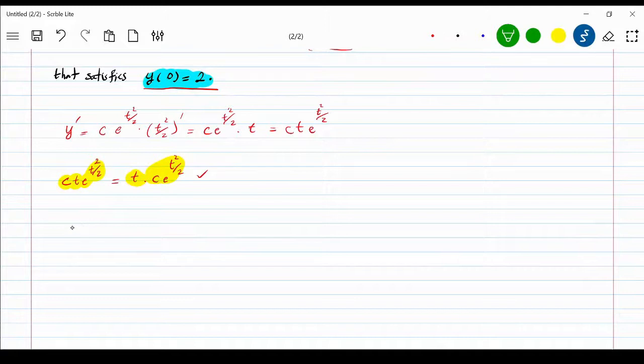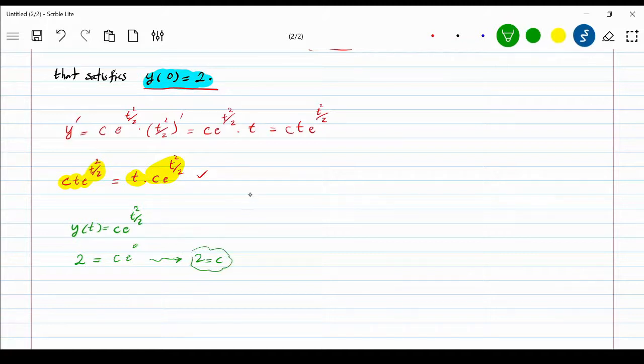So since we know that y must be c e to the power t squared over 2, and y of 0 is given as 2, if I replace 0 for t, y must be 2, and you'd have c e to the power 0 squared over 2, which is simply e to the 0. So that tells me that y equal to 2 equals c.